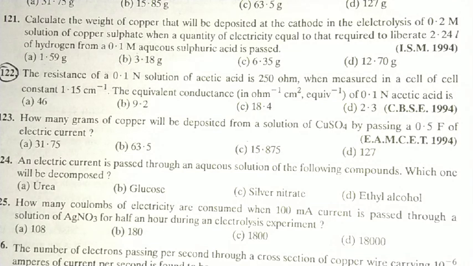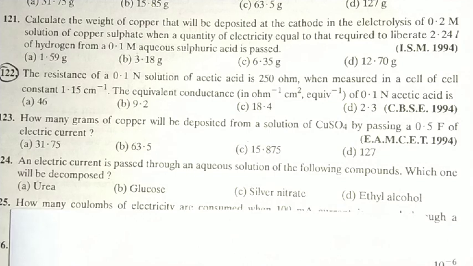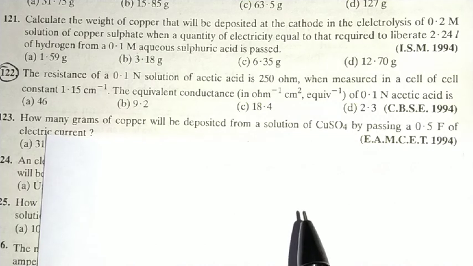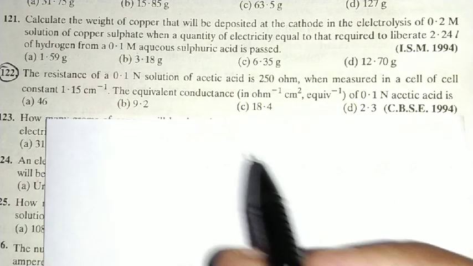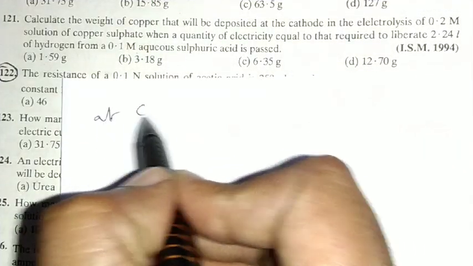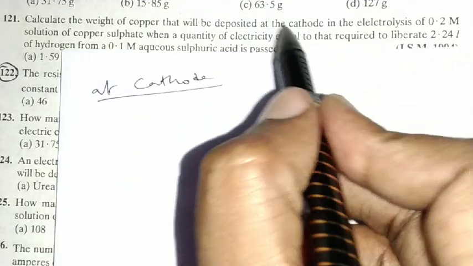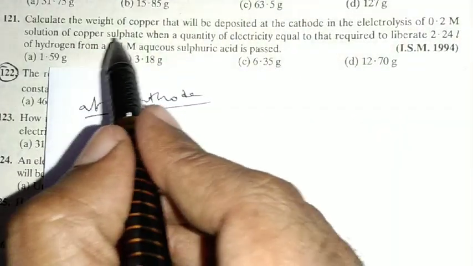Another one is hydrogen with 0.1 M sulfuric acid. Is it okay? In the first experiment, identify the weight deposited at the cathode. What happens here in the first experiment? That is copper sulfate.